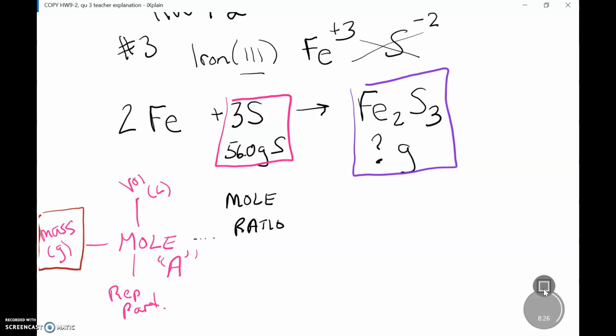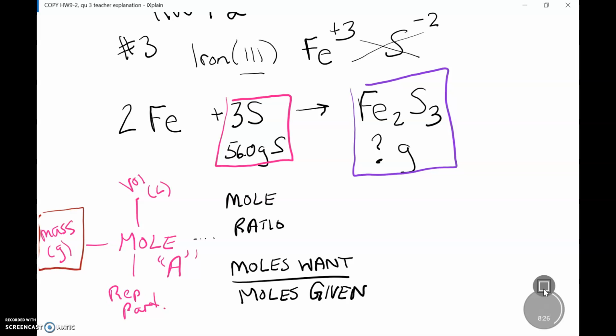This is the moles of what you want, what you're solving for, divided by the moles of the thing that you're given. The mole ratio is the basis of stoichiometry. It's what connects your reactant to product or reactant to reactant. It's not always between reactant and product. It could be between two reactants.